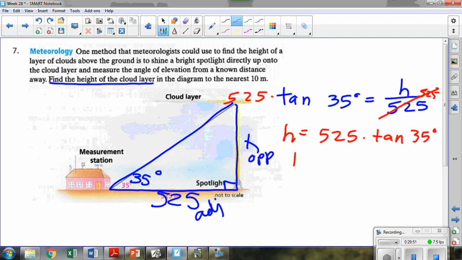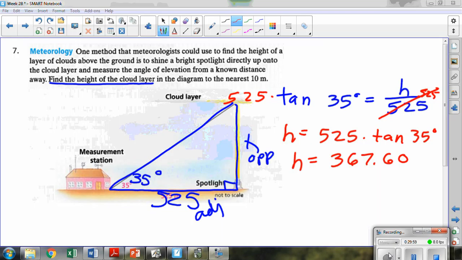Putting that in, we get 367.60. And we're going to lose some points on this one. Why? Well, our work is good. What did the directions tell us to do at the very, very end?